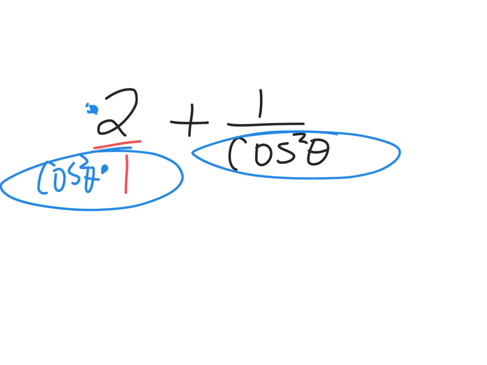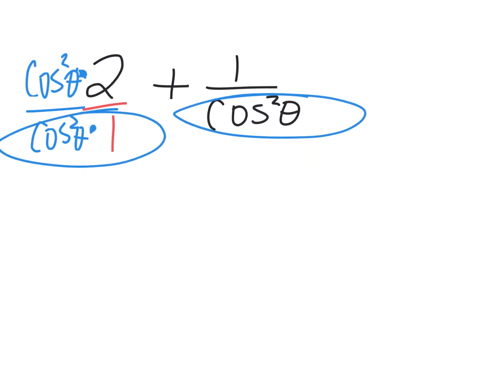Now I can do that as long as I also do it on the top. Do you agree they have a common denominator now? Yes. So then we can put them together. Nate, can you get me the final answer? For the denominator, it'd be, is it 2 cosine squared? 2 cosine squared plus 1.